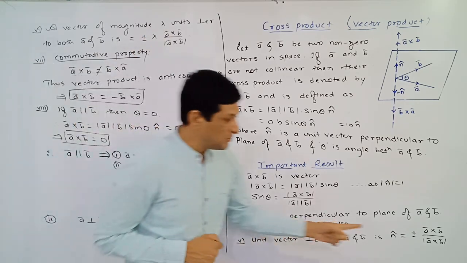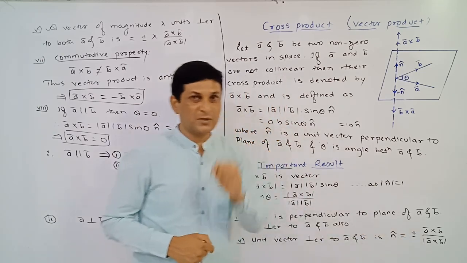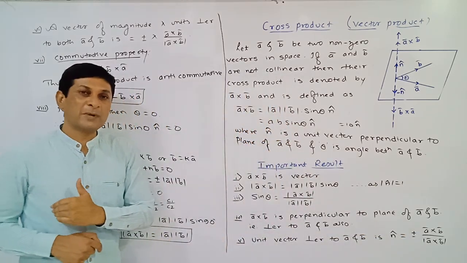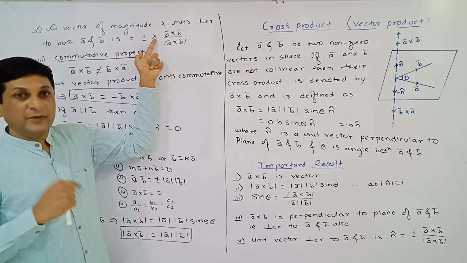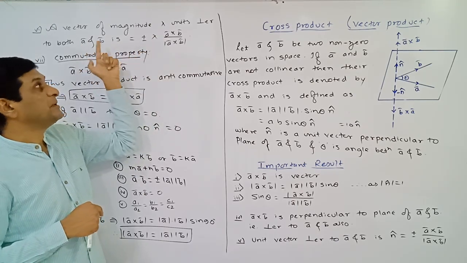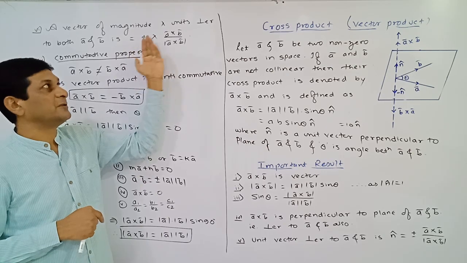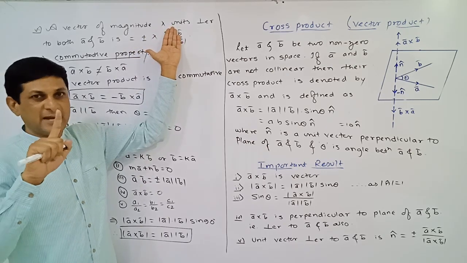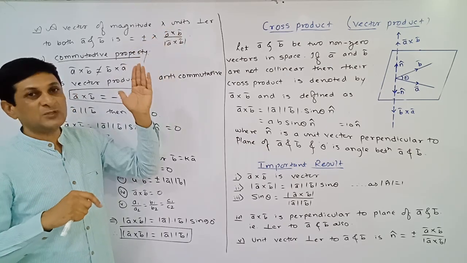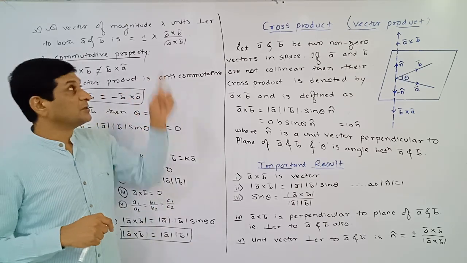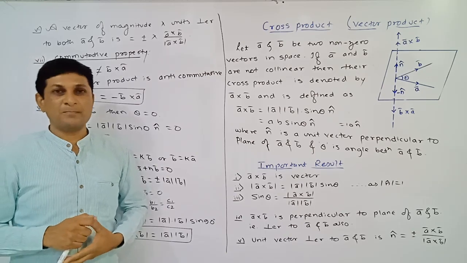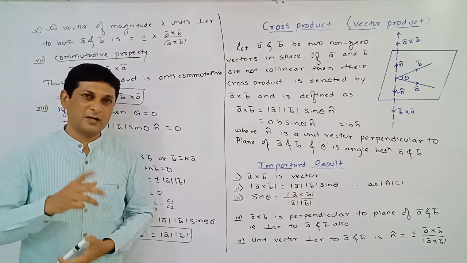Since this is a unit vector, its magnitude is 1, and if we multiply that unit vector by lambda, we will get a new vector perpendicular to a bar and b bar of magnitude lambda units, because 1 into lambda is lambda. So this is the formula to find a vector of magnitude lambda units perpendicular to a bar and b bar.